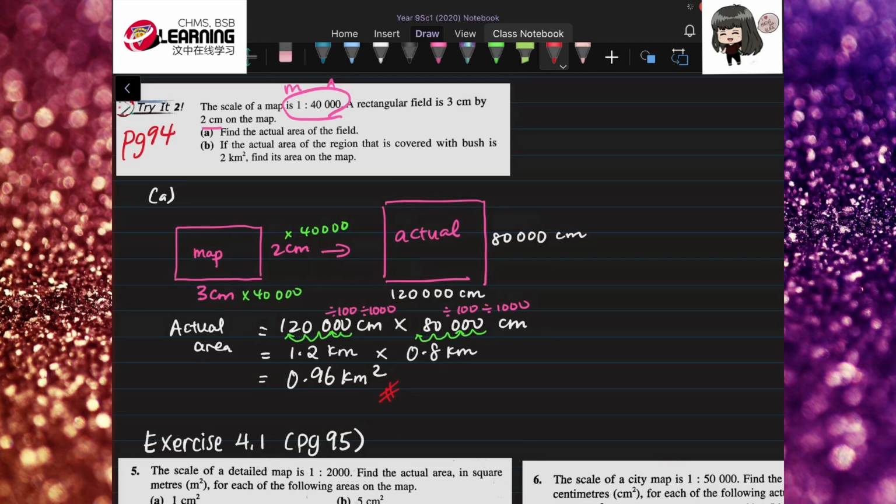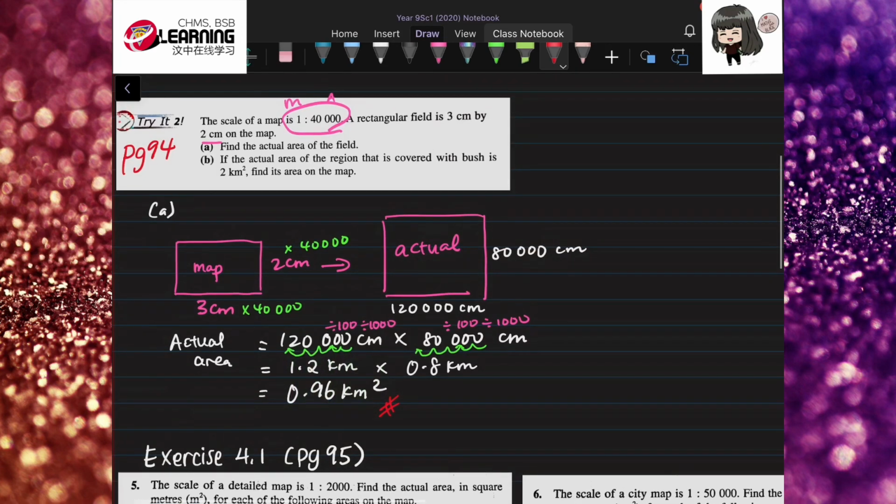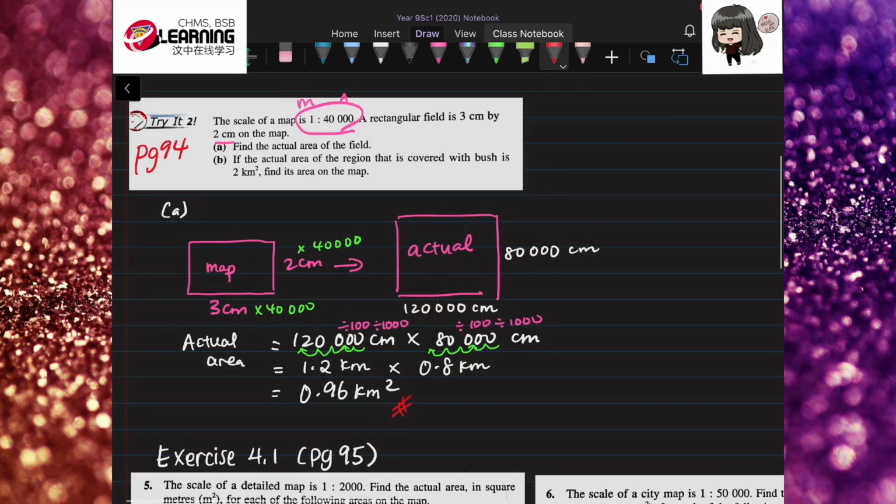Normally question will ask you to find the actual area in kilometer square. But this question, they did not mention the unit. You can always give the answer in centimeter square since they did not give you any unit. But most of the questions in O level, they will give you a special unit. Let's say find the actual area of the field in kilometer square, then you have to change.